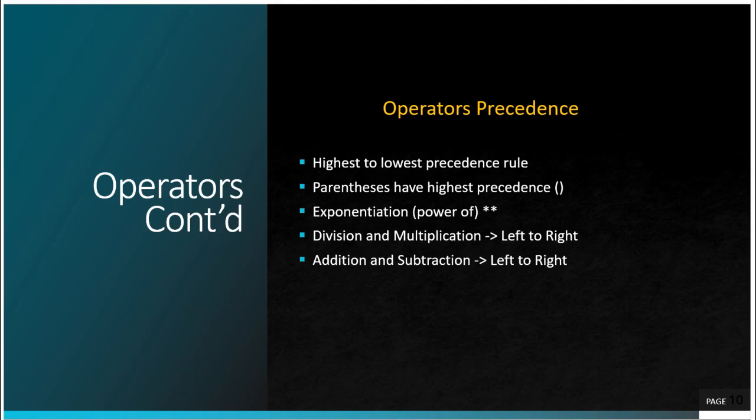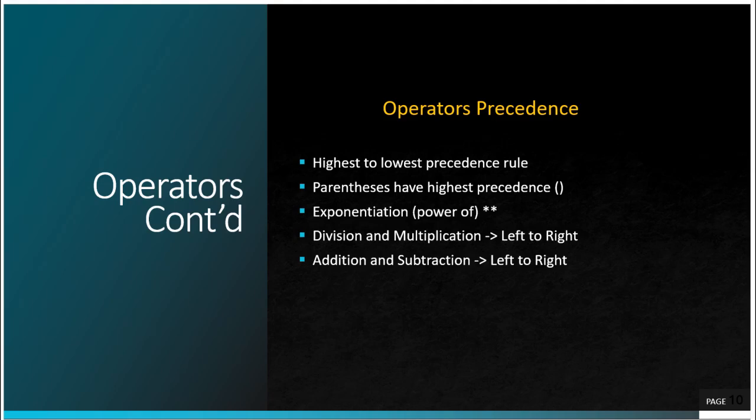If we give a complex operation, how does Python do the precedence in order to fetch the answer for that operation? This is what we call the highest to lowest precedence rule. Let's do a quick rewind and go back to school, and I'm sure all of you remember the BODMAS rule. You first give the most respect to the parenthesis or the bracket.